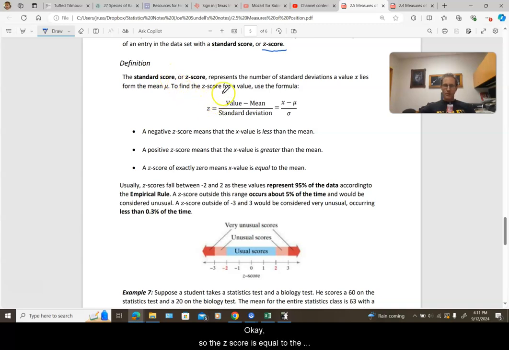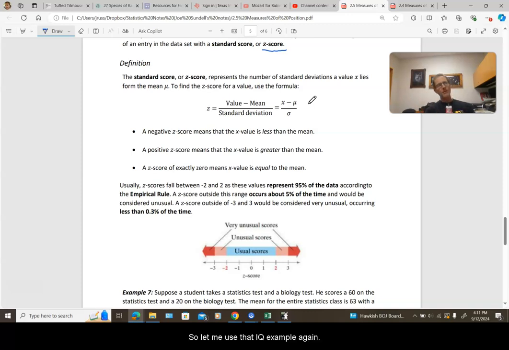And this is how it's defined mathematically. The z-score is equal to the specific data value minus the mean. This tells you how far away from the mean the particular data value is, and then you divide it by the standard deviation. Now we're assuming this is a population, so that's why we're using mu and sigma here, and x is the actual data value. What this will tell you is the number of standard deviations away from the mean that particular data value is.